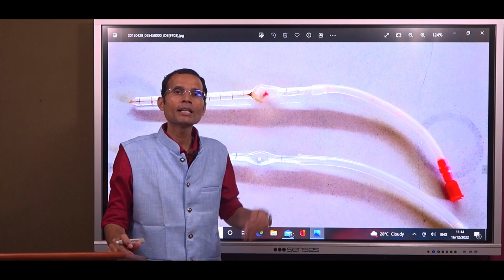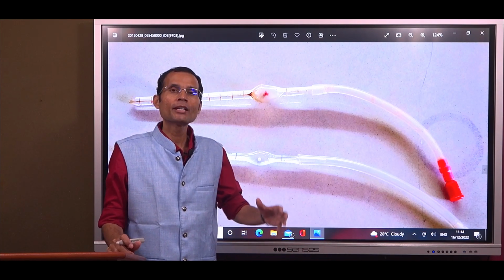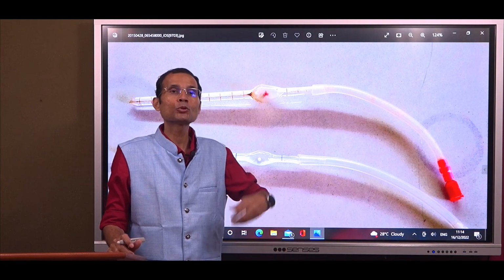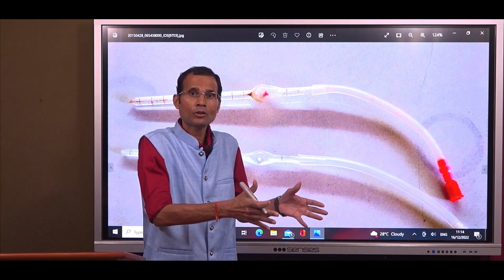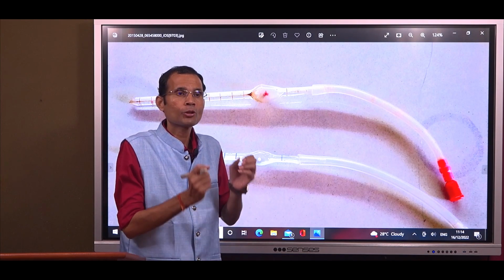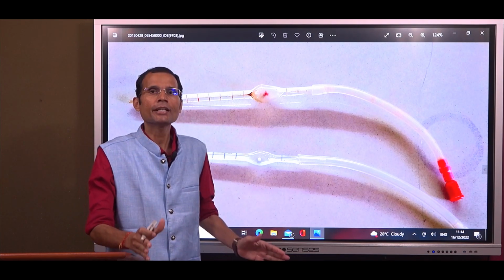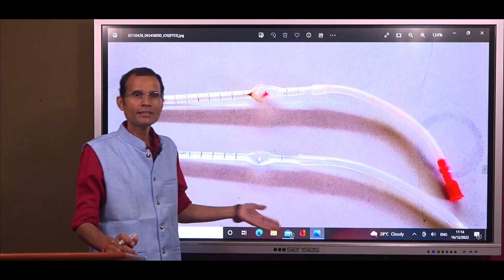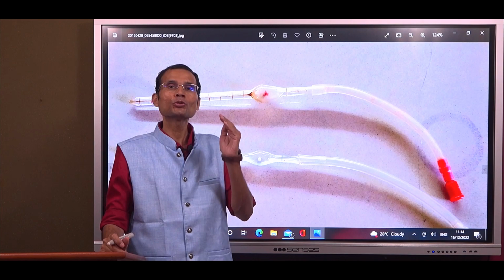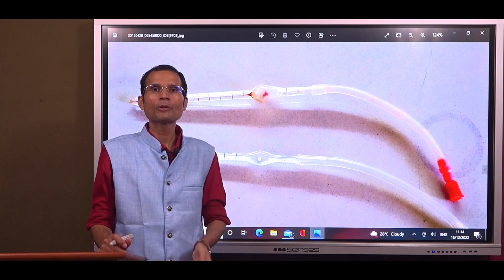RBC count is in millions, therefore we dilute the blood up to 200 times, because with millions of cells in 1 cubic millimeter, greater dispersion is needed. If you have understood this, then the answer would be easy for this question.